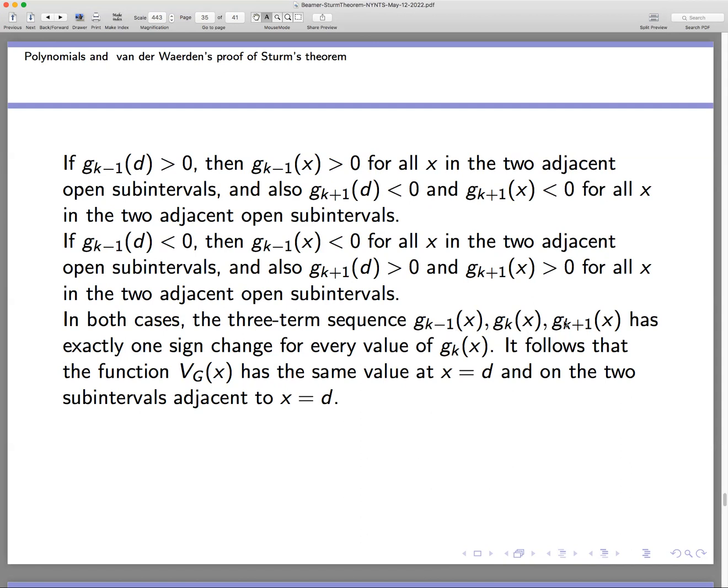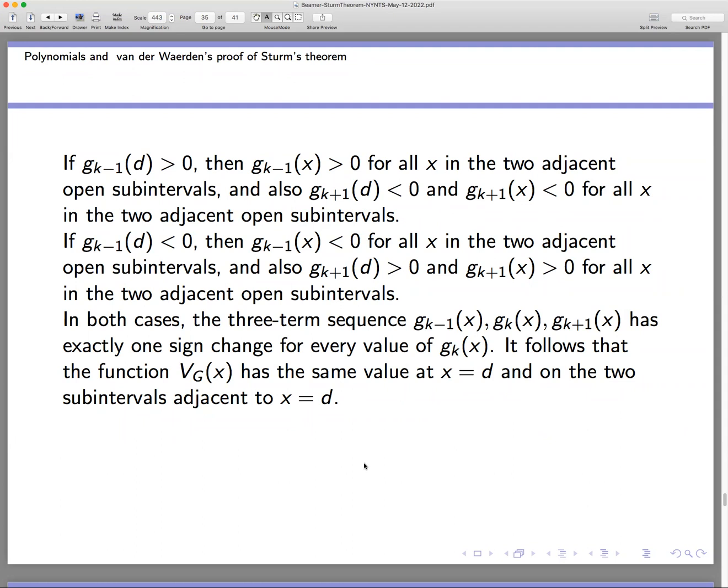If you have a 3-term sequence, and let's say the first term is positive and the last term is negative, no matter what G_k is, it could be 0, positive, or negative, there's exactly one sign change in this triple. And similarly, if the k-1 term is negative and the k+1 term is positive, no matter what G_k is, there's exactly one sign change in this triple.